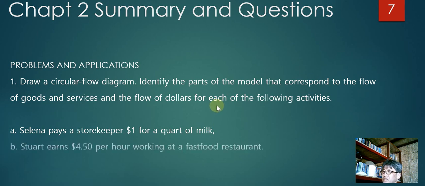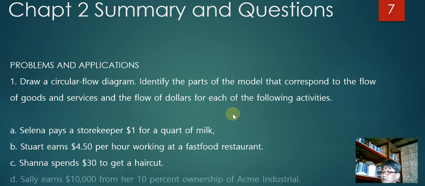A student earns 4.50 per hour working in a fast food restaurant, and Shana spent 30 to get a haircut. Sharian earns 10,000 from her 10% ownership over Arcane Industry.